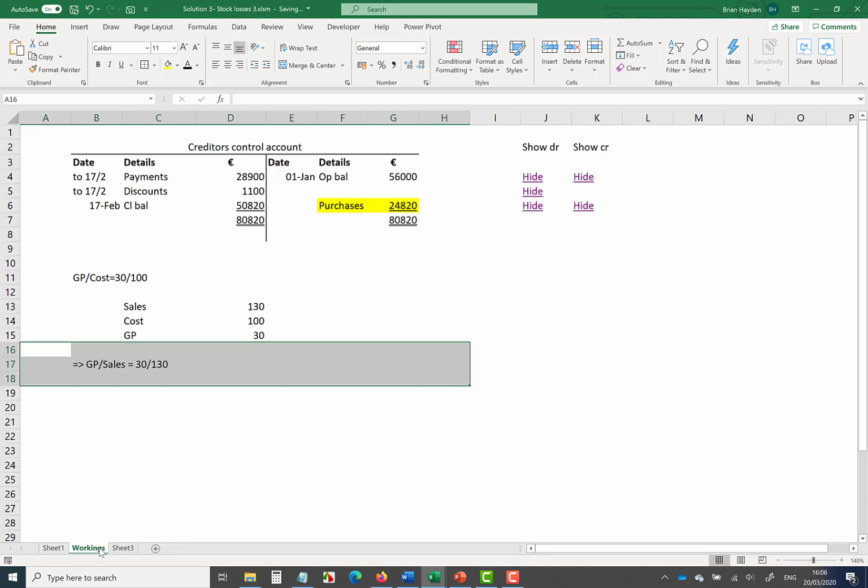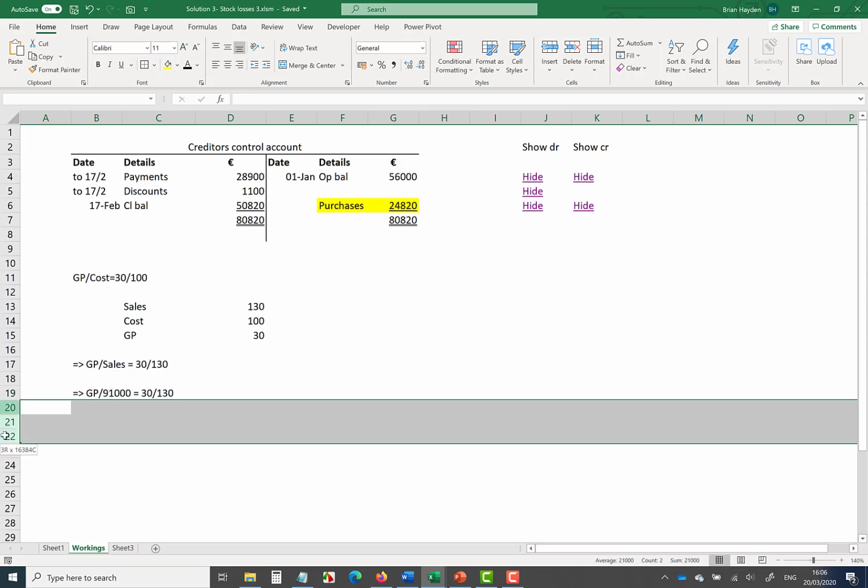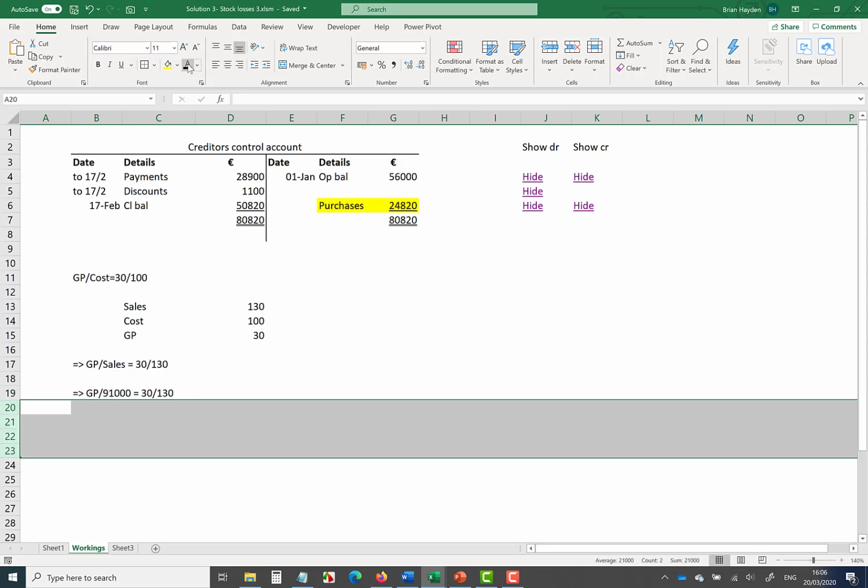So we can say the following: GP divided by sales we know is 30 over 130, but we can convert that into the actual data. So gross profit amount divided by 91,000 is the same as 30 over 130. And if you multiply each side by 91,000, you'll get gross profit is equal to the missing figure, 21,000.